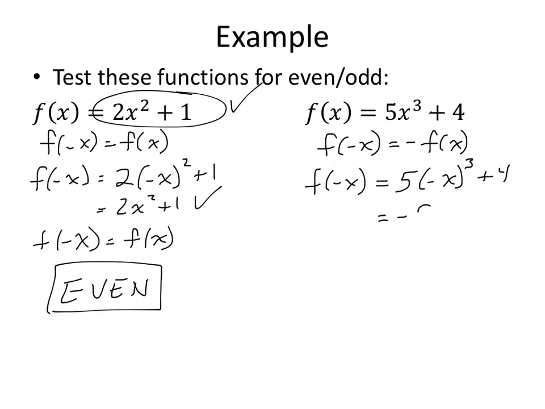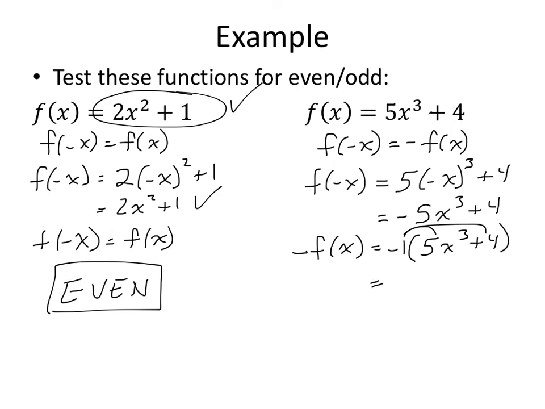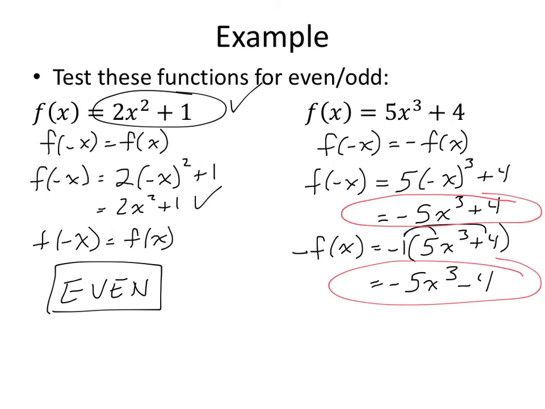So I should have negative 5x cubed plus 4. And then we know that we need to test for negative f of x. Well, that's going to be the negative of 5x cubed plus 4. That's like saying I have a little negative 1 here that I've got to distribute to everything. So that will end up being negative 5x cubed minus 4. Now, at this point, we are seeing, does this equal that? Well, we can see that it doesn't because of the negatives, okay? So this is not odd.